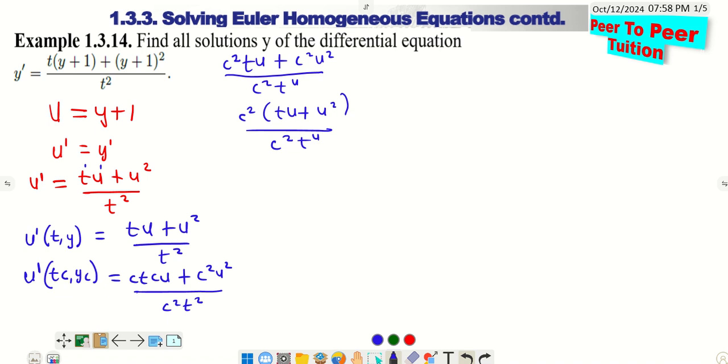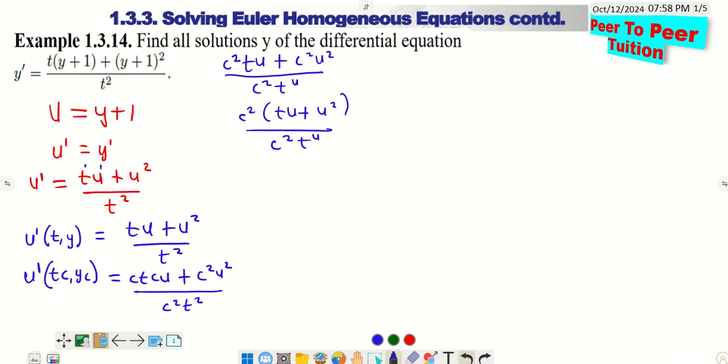What it means is that the differential equation is homogeneous, and it is homogeneous of degree 2. The degree is 2, because the constant is raised to the power 2. So it is an Euler homogeneous equation with degree 2.